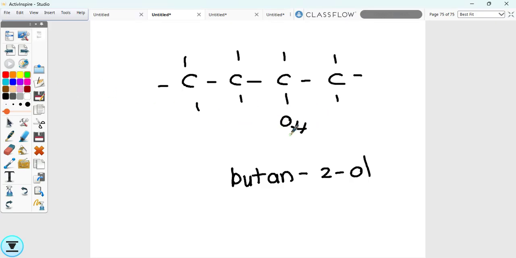Okay, if I move it to the left, I'm going to do that quickly. Then tell me the name. Which side must we count from now?